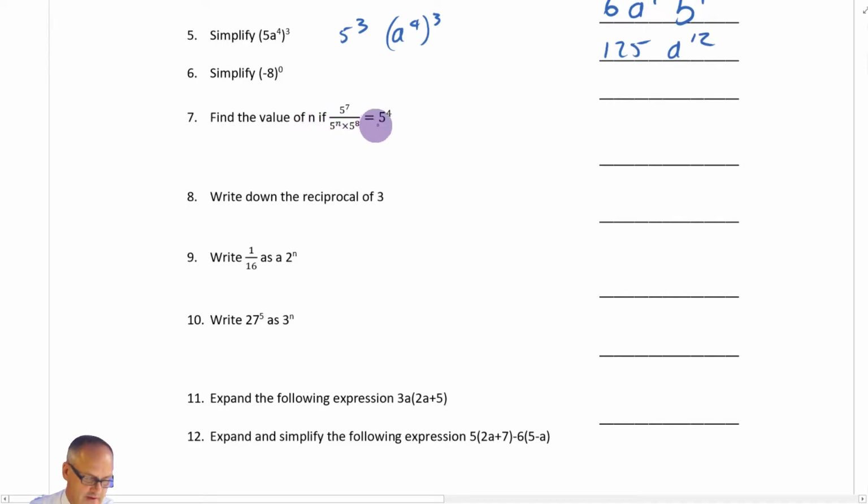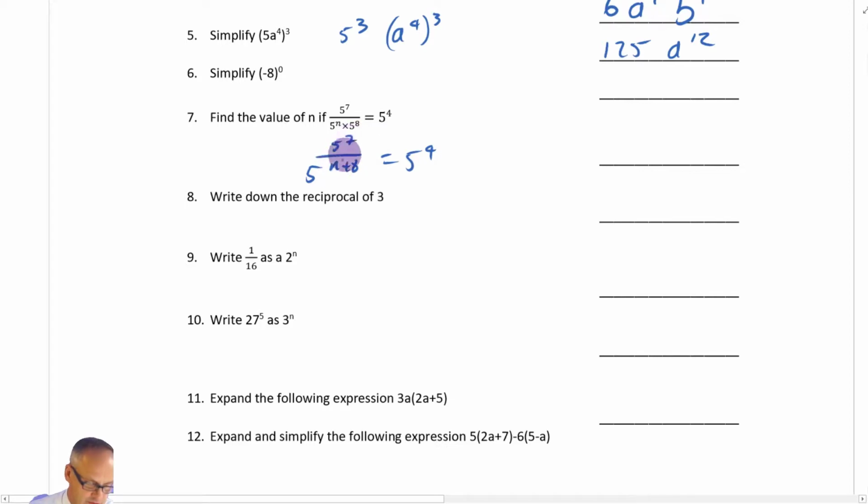Now we want to find the value of n in this case. First of all, we need to simplify the left-hand side. So we're going to get 5 to the n times 5 to the 8 will give us 5 to the n plus 8, because we add those indices. So this is the same as 5 to the 7 over 5 to the n plus 8, and that equals 5 to the 4.